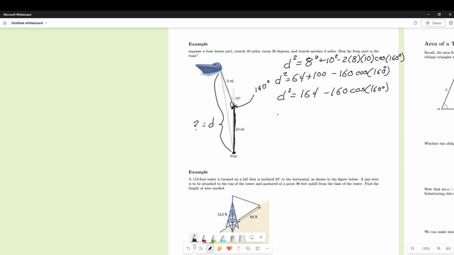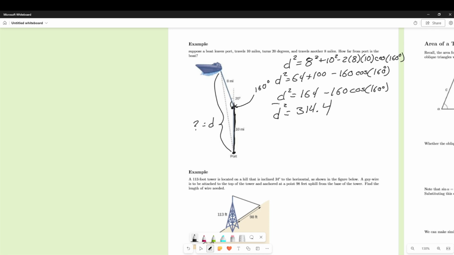Isn't that so tempting? So D squared is, I'm just going to calculate that. You could really just plug the whole thing in if you wanted to. So 164 minus 160 times the cosine of 160 degrees gives us 314.4.